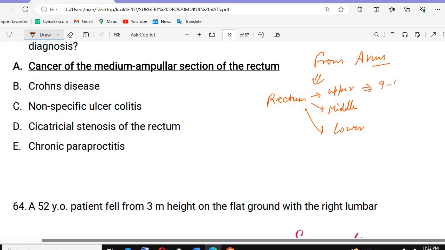The upper rectum is 9 to 13 centimeter from the anus. The middle rectum is around 4 to 9 centimeter from the anus, and 0 to 4 centimeter is the lower.